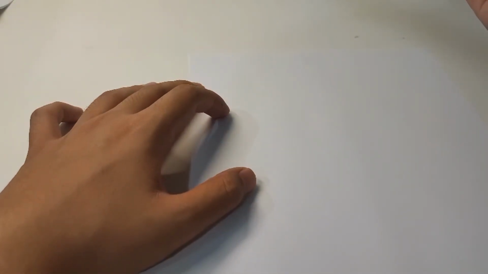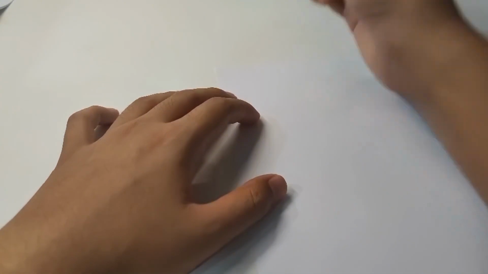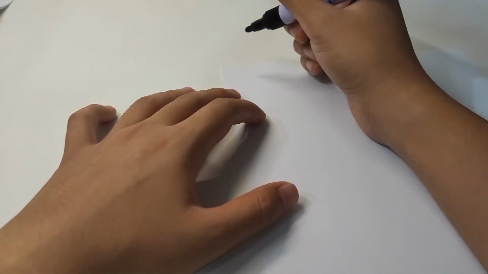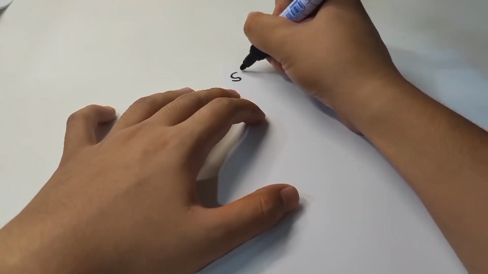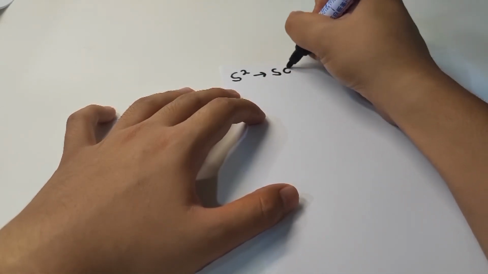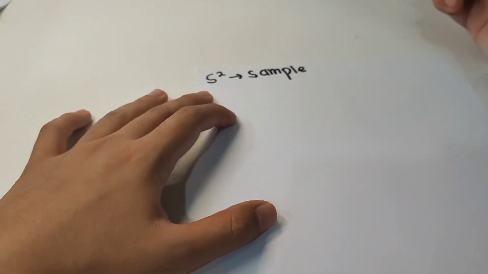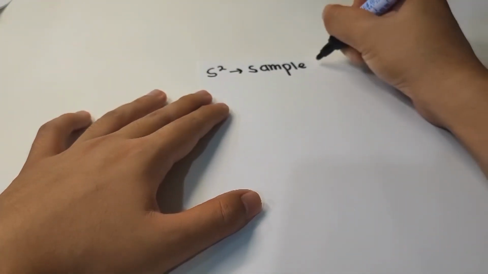So let's begin with sample variance. Remember, the symbol is S squared for sample variance.